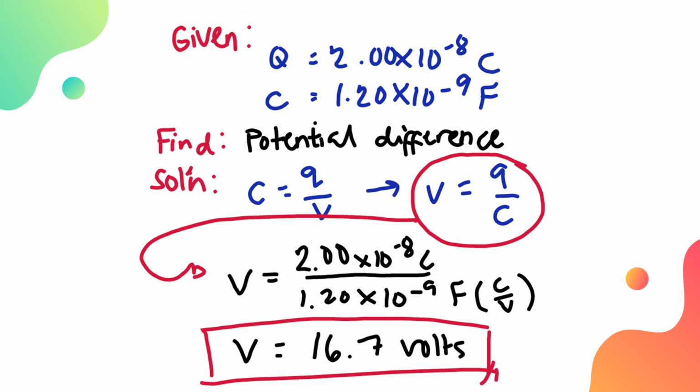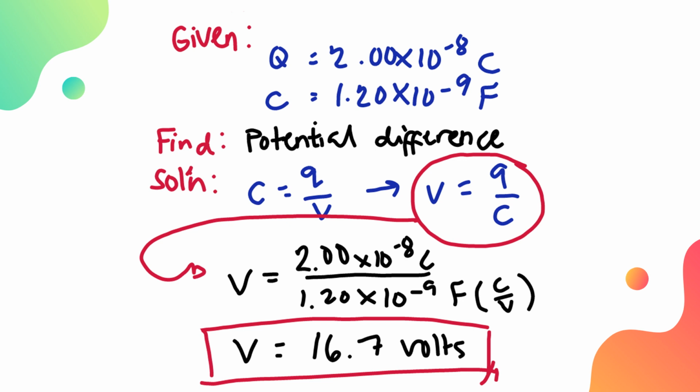Using the given charge of one plate, which is 2.00 times 10 raised to negative 8, and from letter A, we already computed the capacitance of the capacitor, which is equal to 1.20 times 10 raised to negative 9 farad.